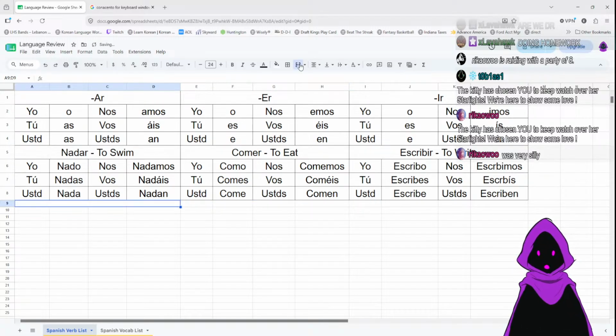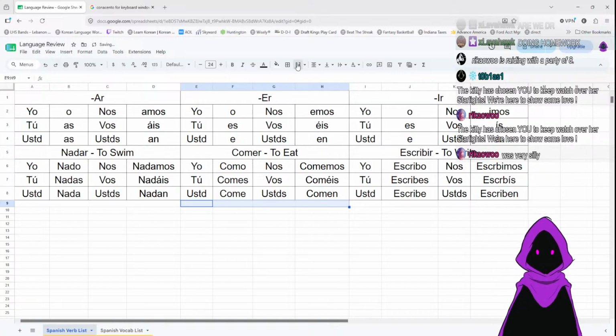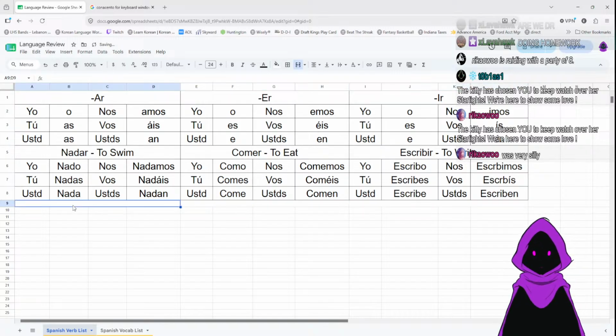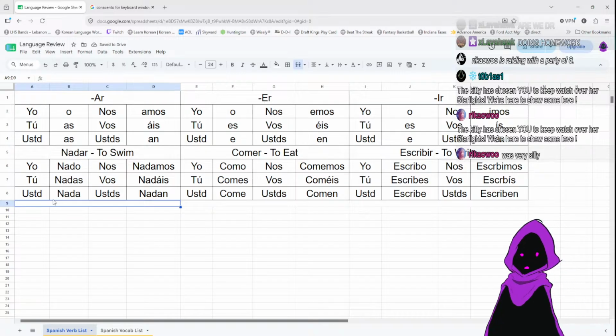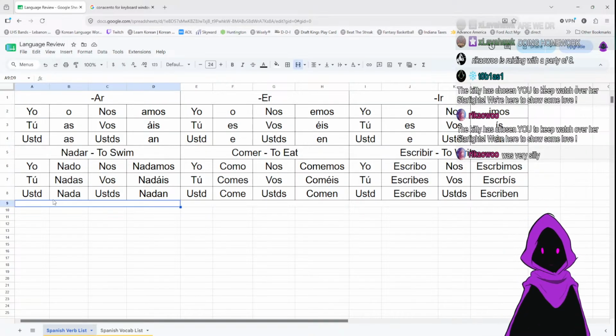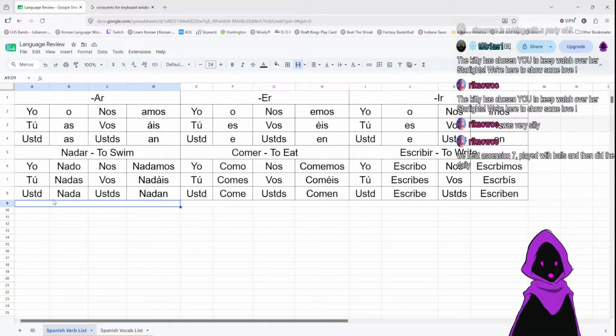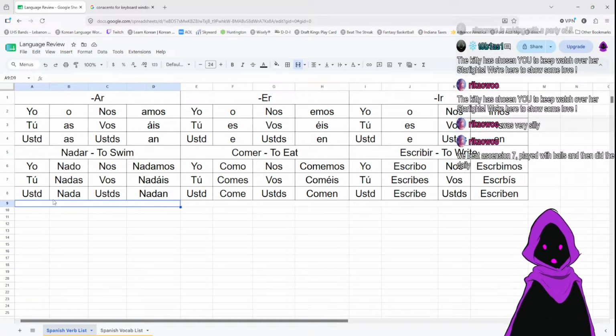Were you throwing more balls around? We beat Ascension 7, played with balls, and then did the daily. You're just memeing all the way up the tower.